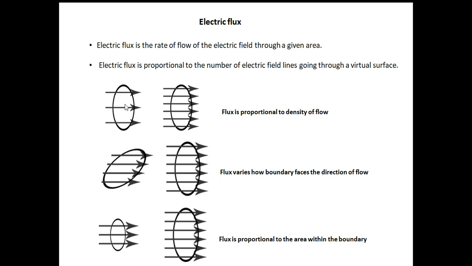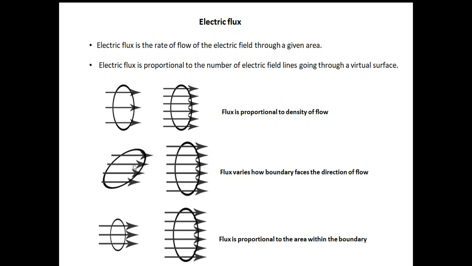If there are only three lines passing through this imaginary virtual surface, and in another case there are 1, 2, 3, 4, 5, 6, then flux is proportional to the density of the flow. So for this the flux is less and for this the flux is more.